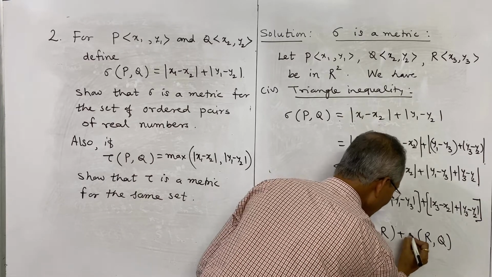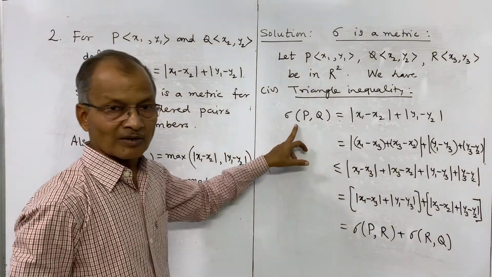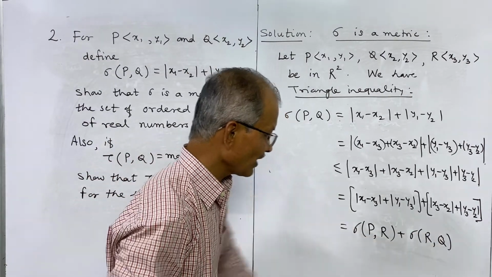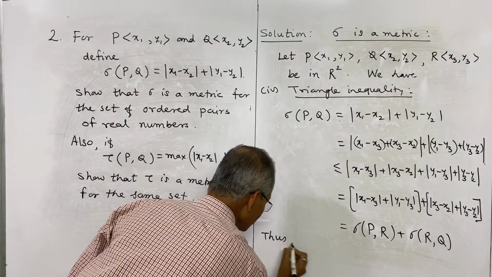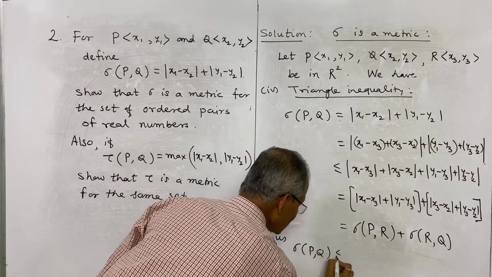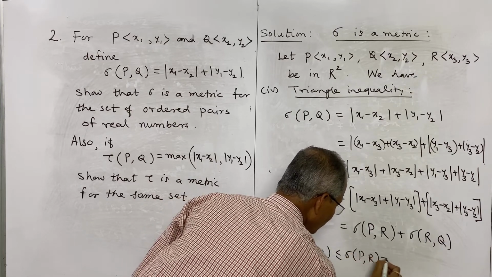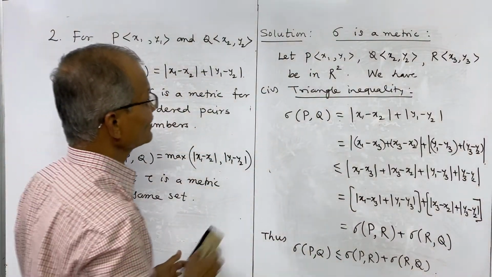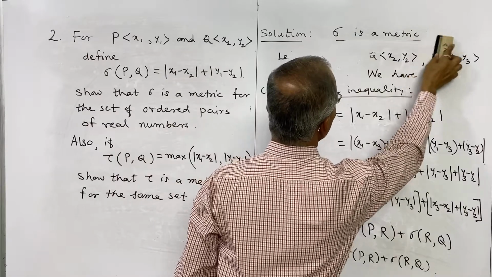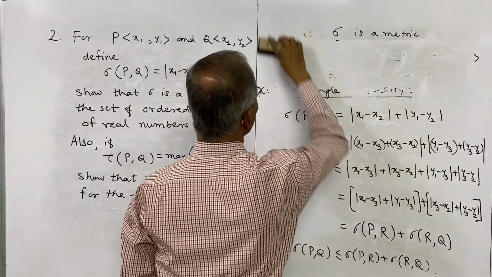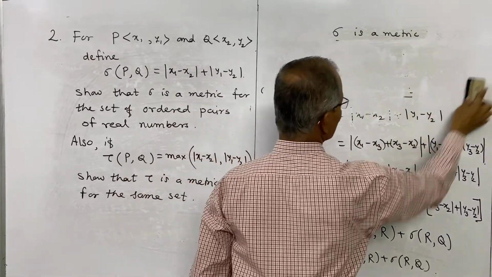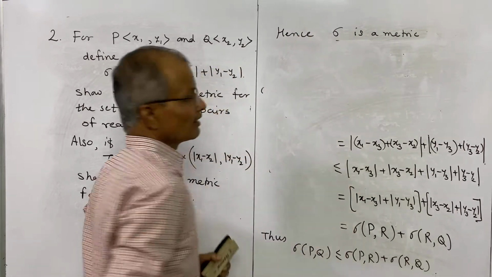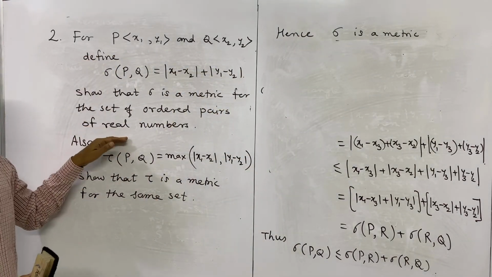This metric is denoted by sigma, and thus we have the left side, sigma of P and Q, is less than or equal to sigma of P and R plus sigma of R and Q. This verifies the triangle inequality, and hence this sigma is a metric. So we have verified the 4 properties. This completes the first part of the solution.